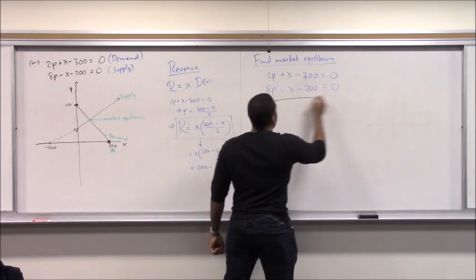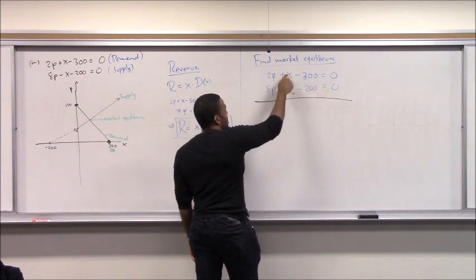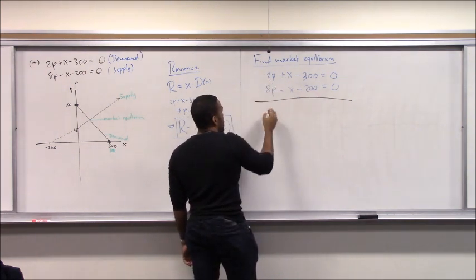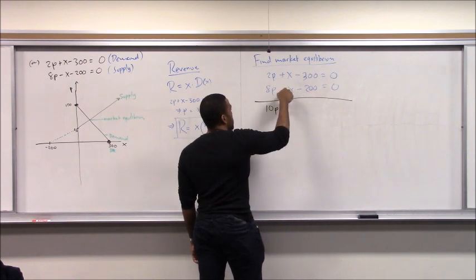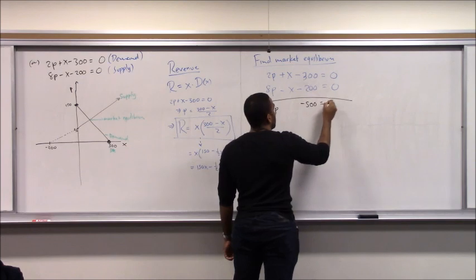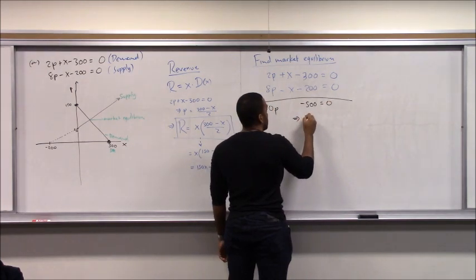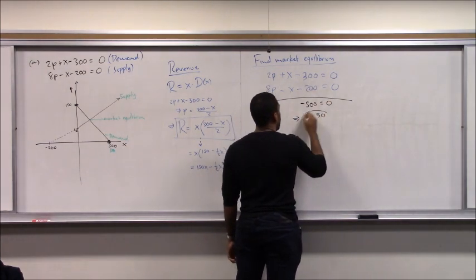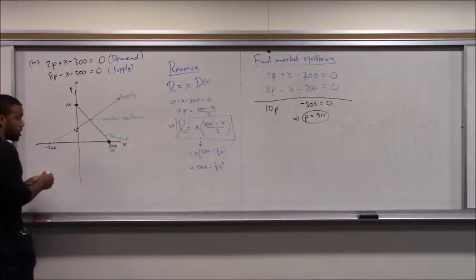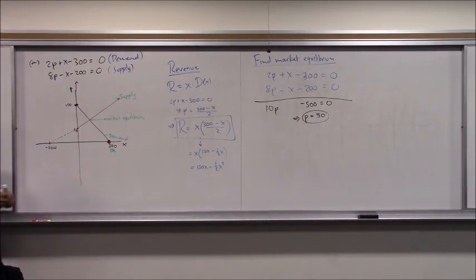If I add these two equations, notice that plus x and minus x will actually die. So I have 2p plus 8p, that's 10p. This plus that will be 0. This plus that will be minus 500 equals 0. So this means that our p would actually be at 50. Okay? So this point actually occurs when the p is 50.